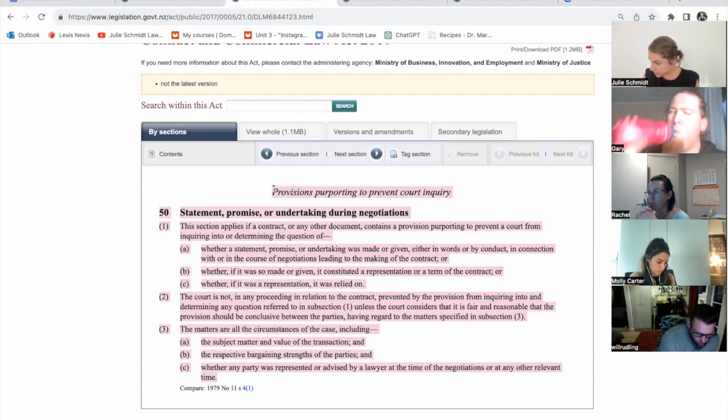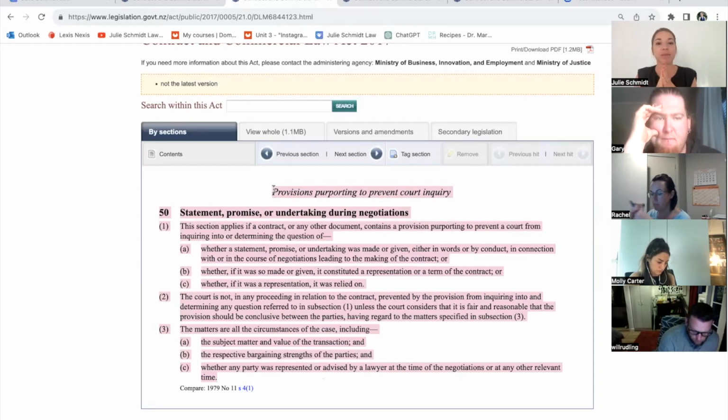So to say that again, hopefully in a more simple way, if there is a statement made during the negotiation phase, and there is a clause in that contract or in a document before the contract saying, hey, look, this contract is the entire agreement.